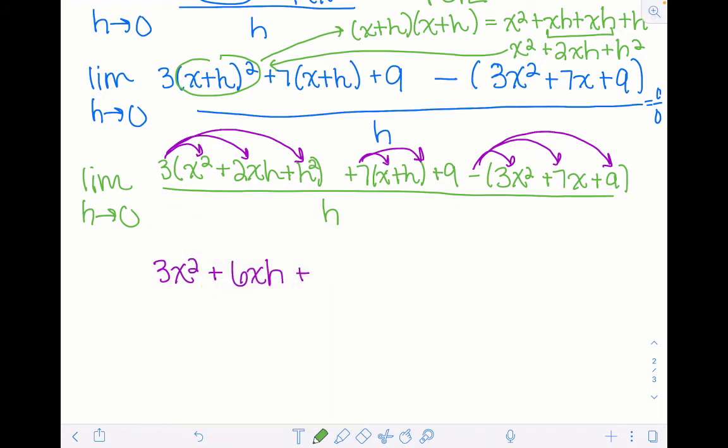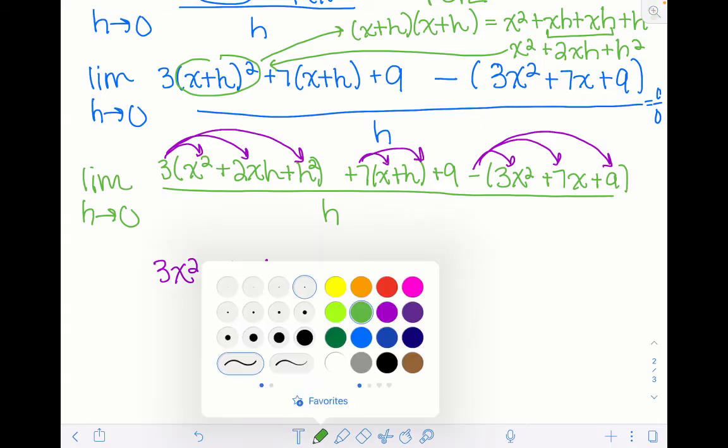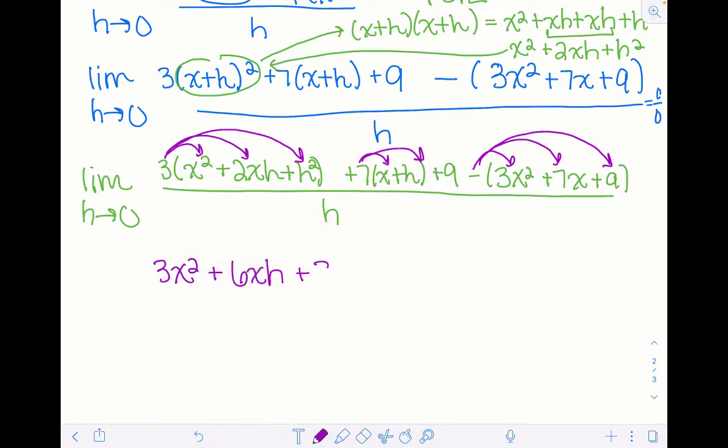I just had it, for some reason, on the outside of the parentheses. Plus 3h squared plus 7x plus 7h plus 9, and then minus 3x squared. See, I almost forgot to distribute there. Minus 7x minus 9. Okay, so you get this big long piece here.